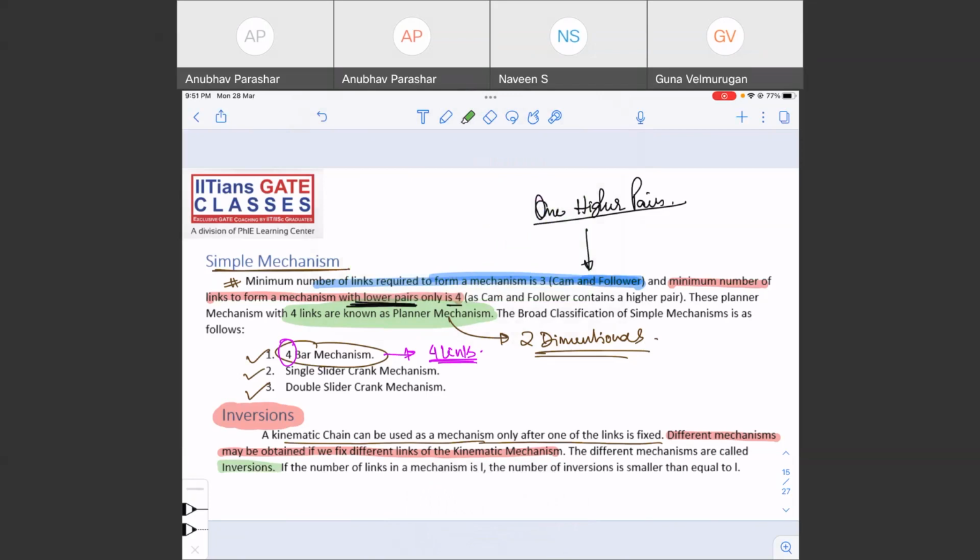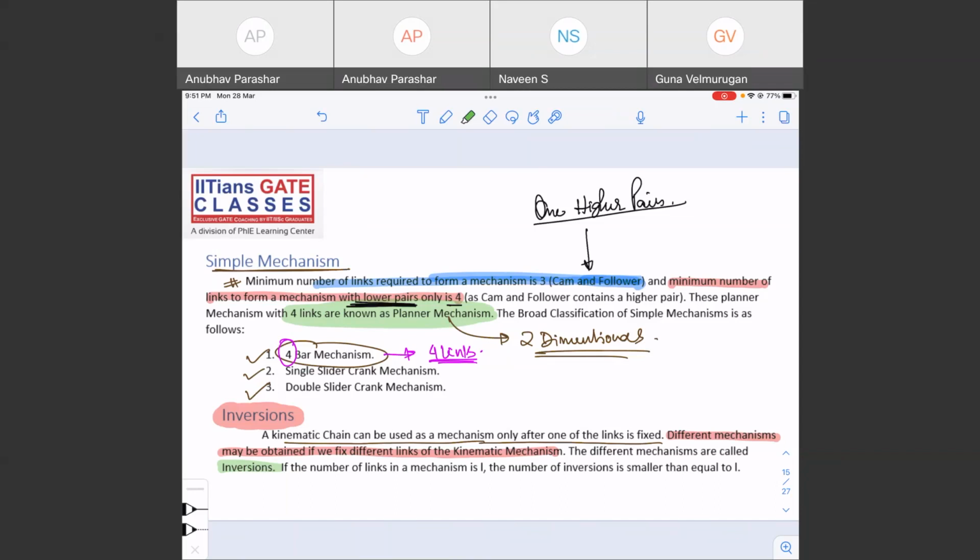So, for example, there are 4 links. You can fix link 1 or link 2 or link 3 or link 4. If you fix link 1, you might obtain a different mechanism. If you fix link 2, you might obtain a different mechanism. If you fix link 3, you might obtain a different mechanism. If you fix link 4, you might obtain a different mechanism, right? Or it is also possible that 2 of the mechanisms obtained by fixing different links are exactly the same. 2 or even 3 might be exactly the same, or even 4.